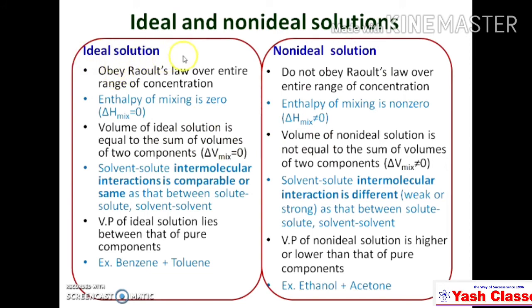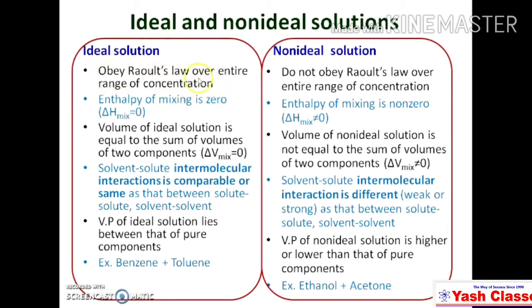Now what is ideal solution? The ideal solution is that solution which obeys Raoult's law over entire range of concentration. It means ideal solutions obey Raoult's law when solution is very low concentrated, as well as when it is high concentrated.